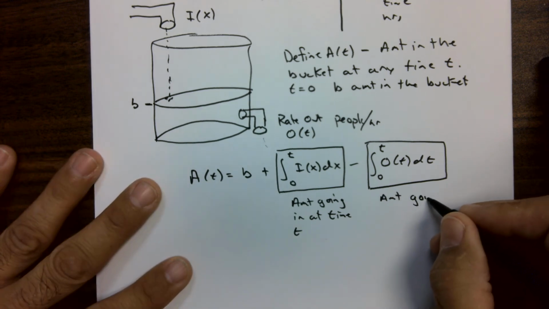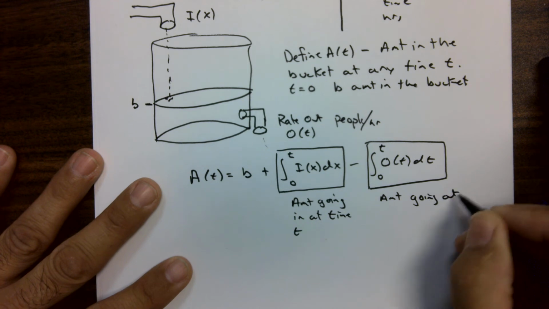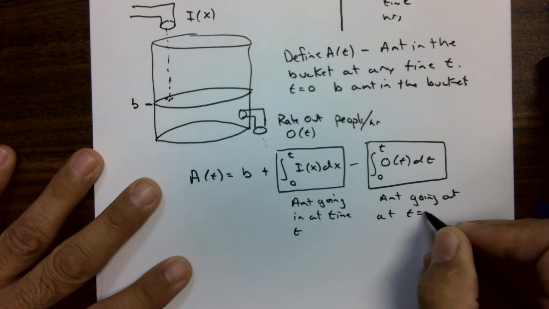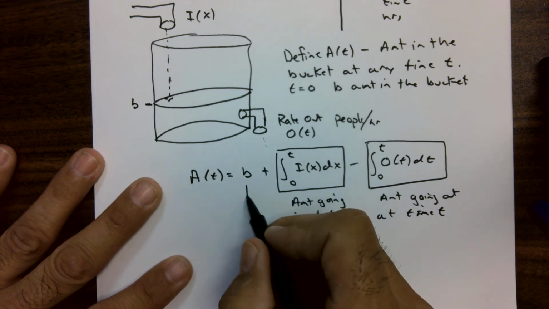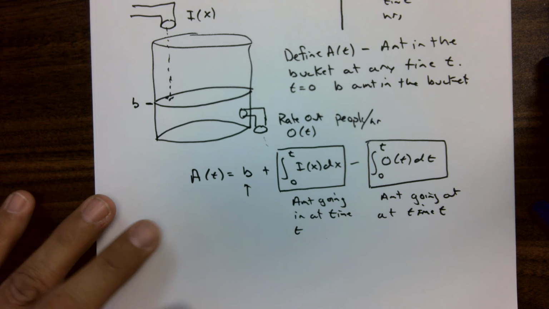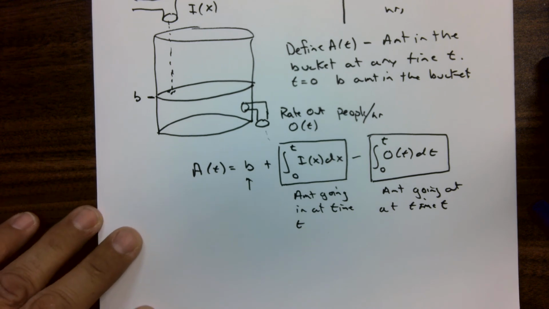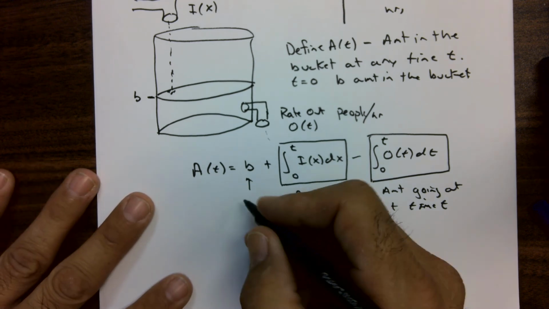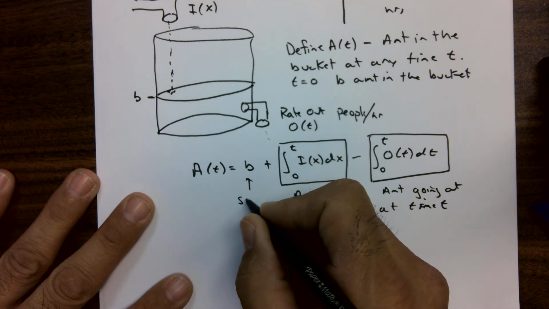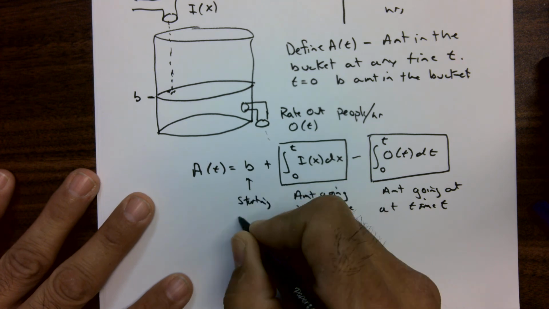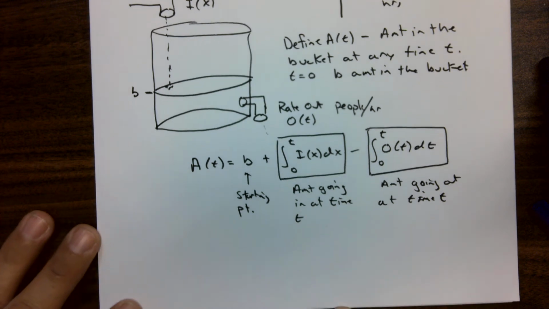Going out at time t. And what's this B value? That's your starting point.